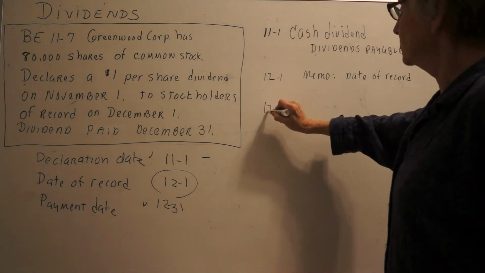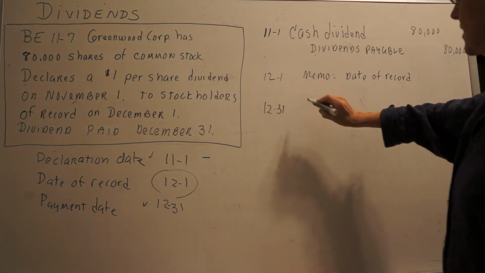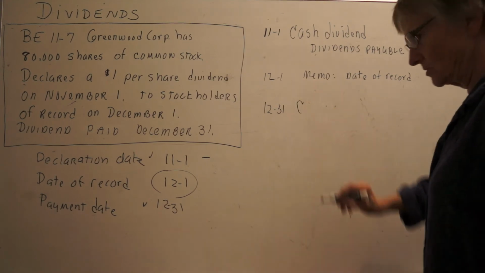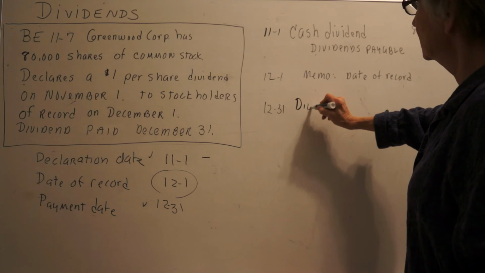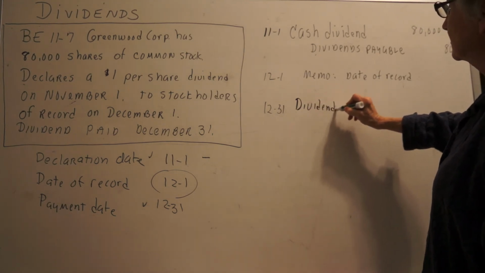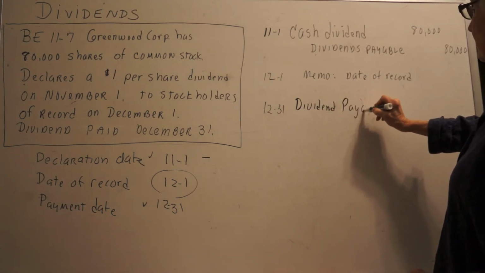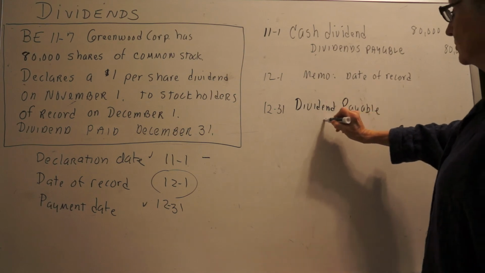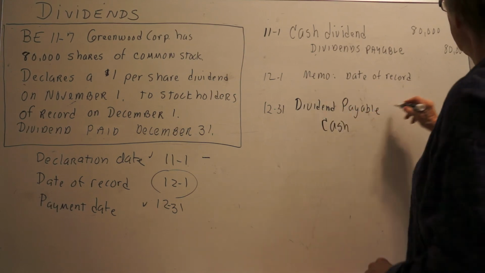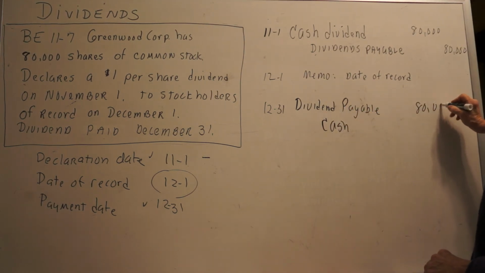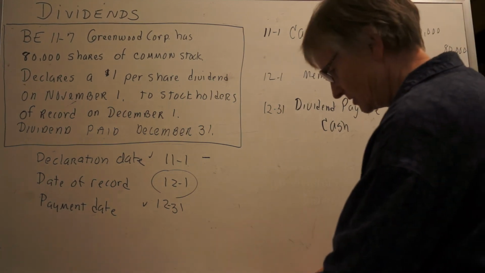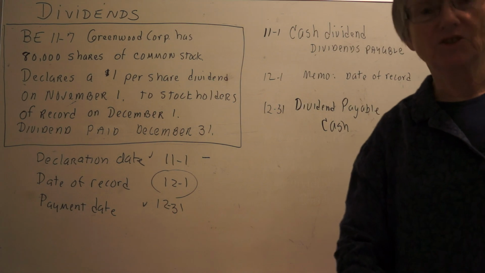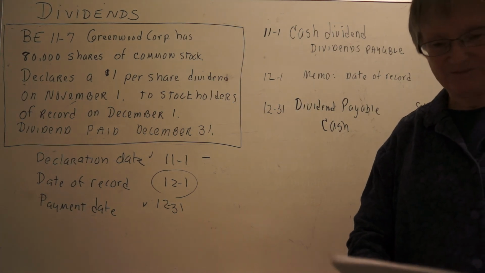And on 12/31, we would simply pay the dividend out. So we would reduce our dividends payable liability, and we would write a check to all of our happy stockholders. And that's about it for your cash dividends on common stock.